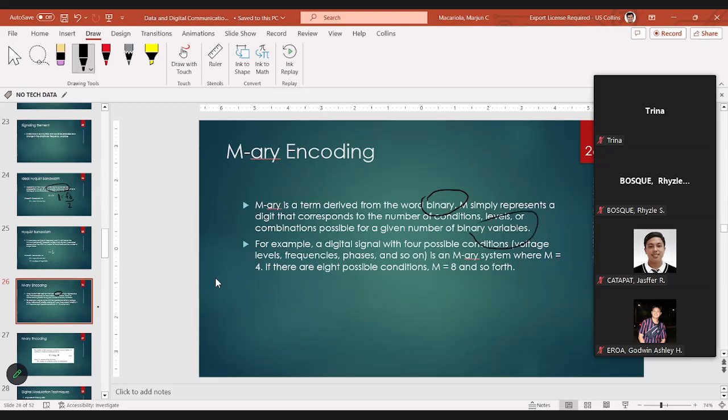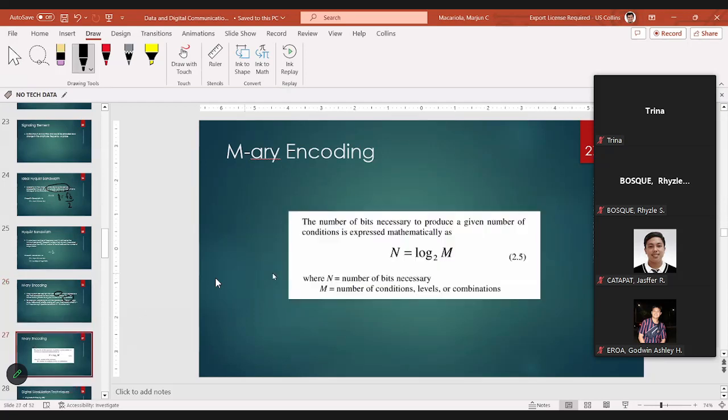Meron tayong formula to be able to find the number of conditions or levels that is possible for a given number of binary variables. So para makuha yon, we have N is equal to log2 M.